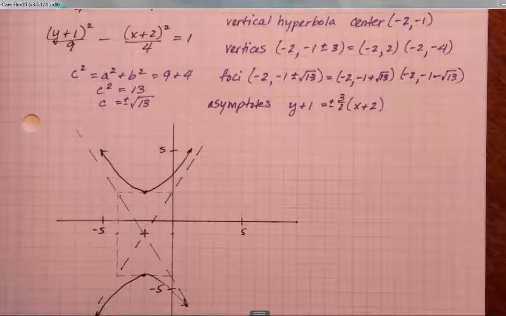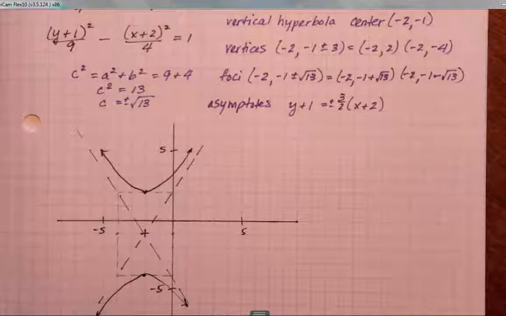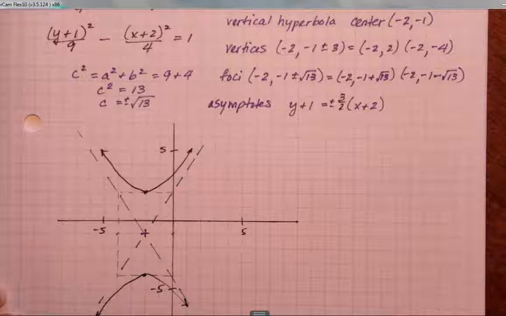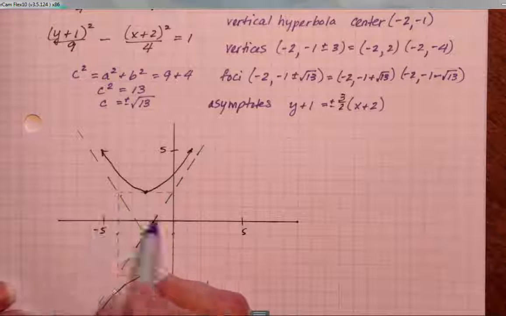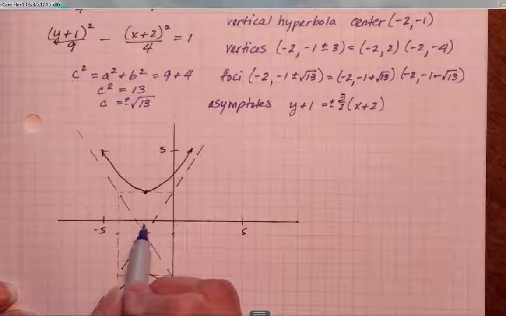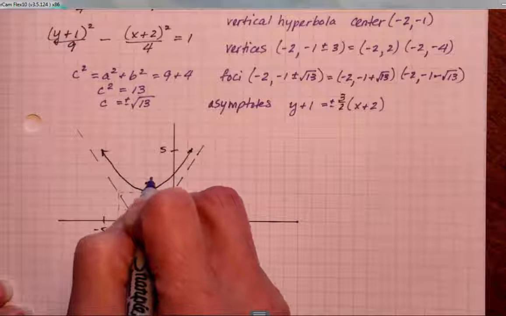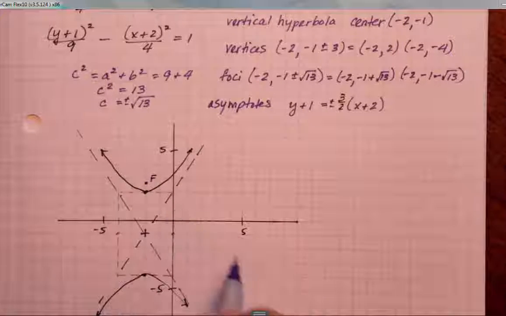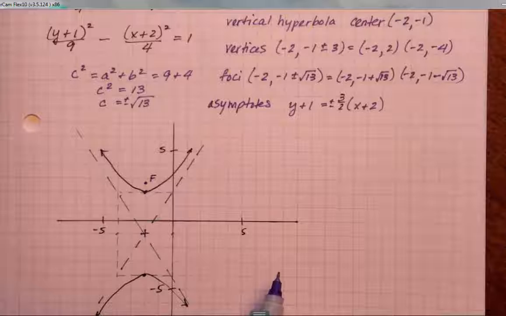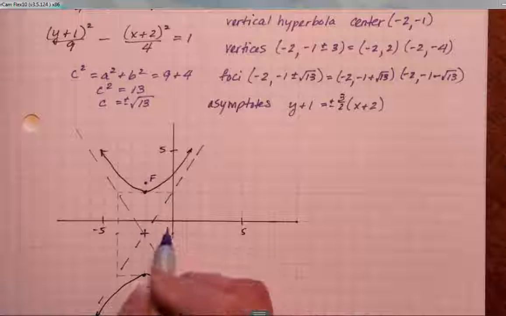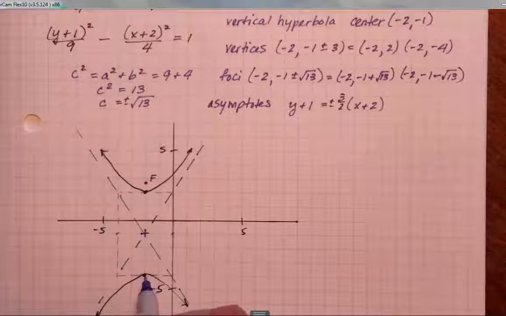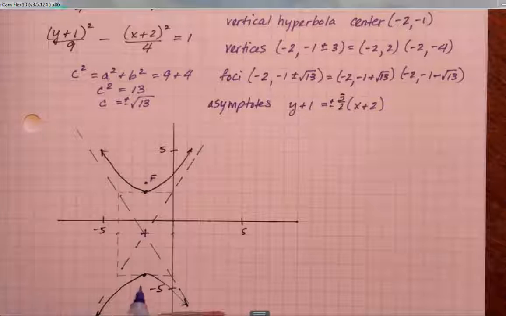And then if I want to go ahead and include my foci, I can. One focus is going to be at -2, 2.6, so that's about right in there. And then the second focus is going to be at -2, -4.6. So about right there.